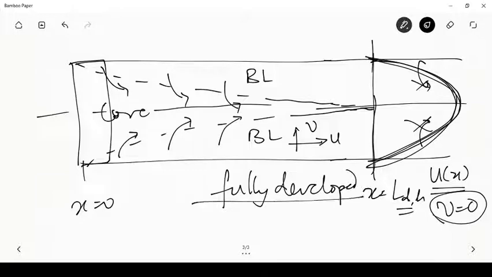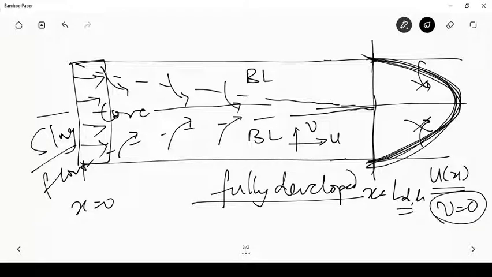What is fully developed here? The velocity profile, that is the distribution of velocity with y, has become constant. The velocity profile develops from what we call a slug flow profile. The flat profile is called a slug flow profile.